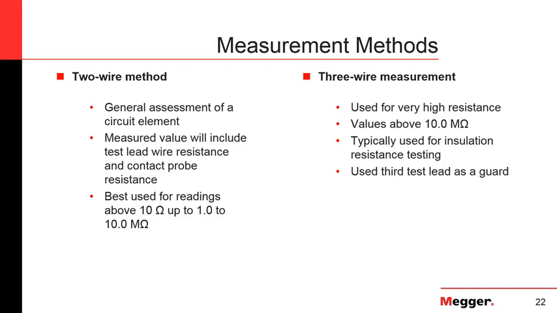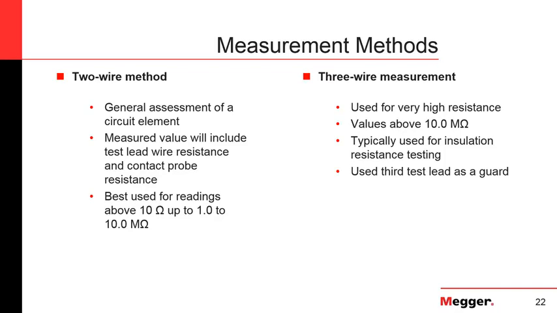The 2-wire method is used for readings above 10 ohms and up to 1 to 10 megaohms, and the 3-wire is used for very high resistance values above 10 megaohms, and this is the method that is typically used for insulation resistance.